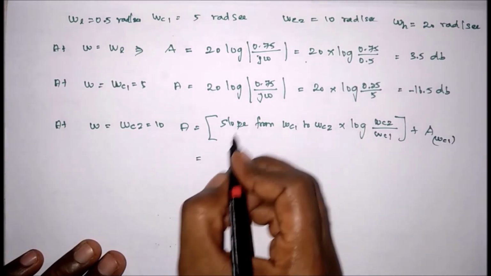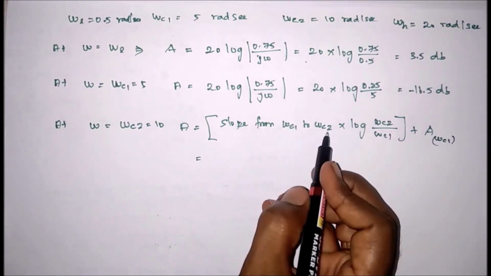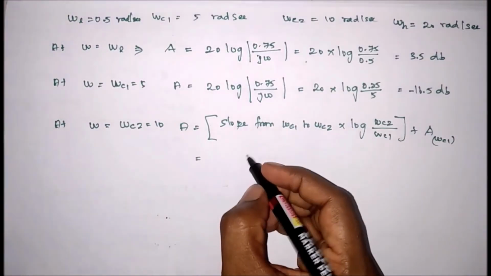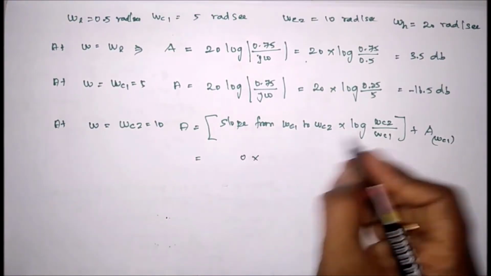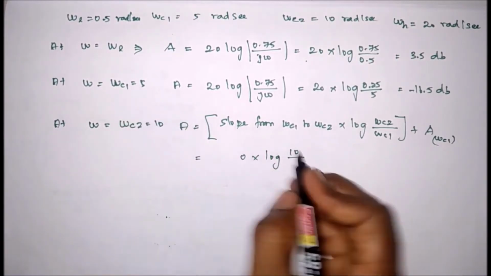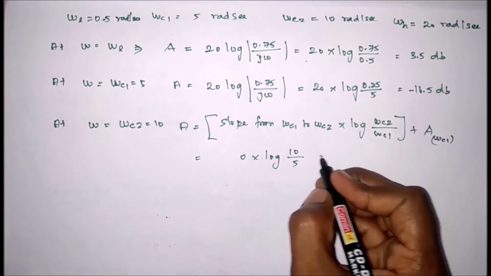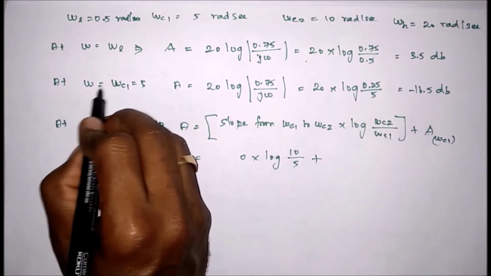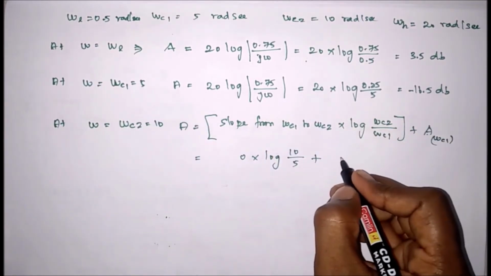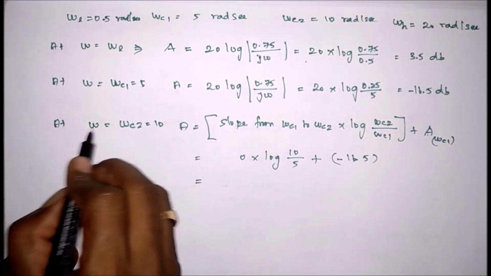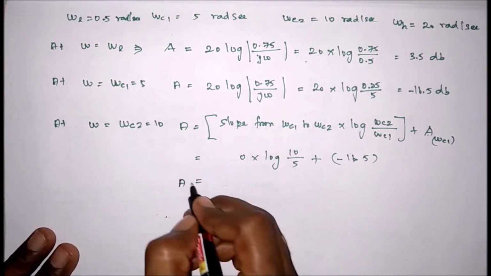What is the slope to move from omega C1 to omega C2? From this table, its slope is 0. Therefore 0 into log of 10 divided by 5, and 0 into anything is 0. The previous gain, the gain at omega C1, is minus 16.5.